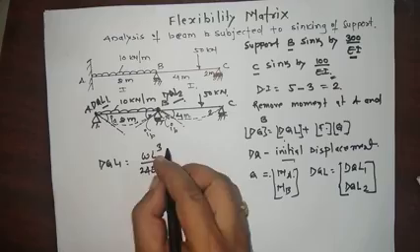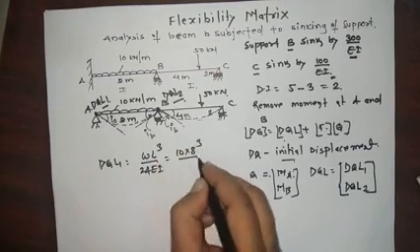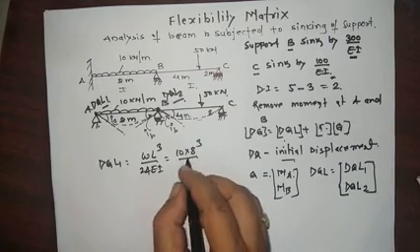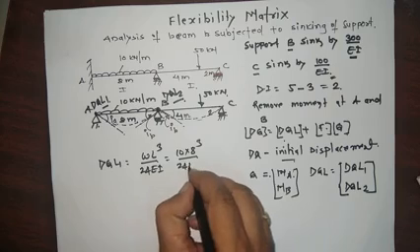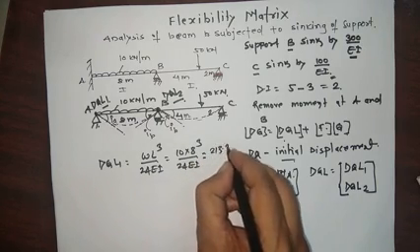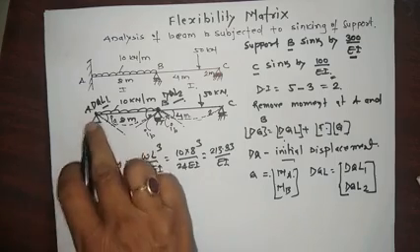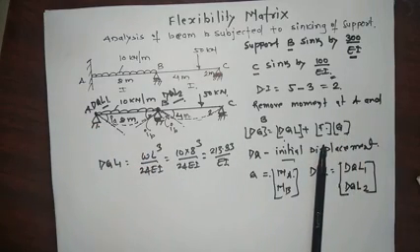So W is 10, L is 8 cubed, and that is the 24 EI. So this final value is 213.33 divided by EI.